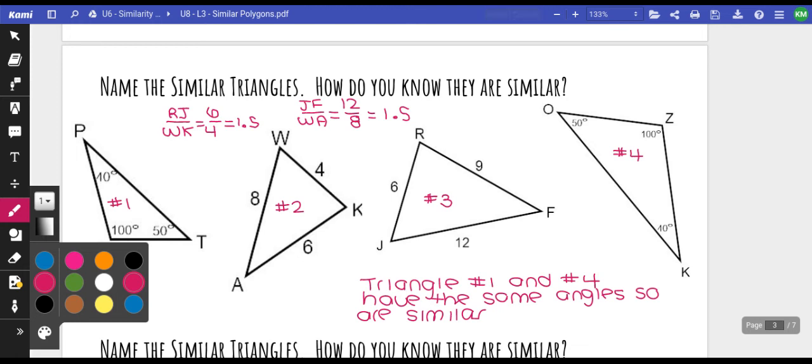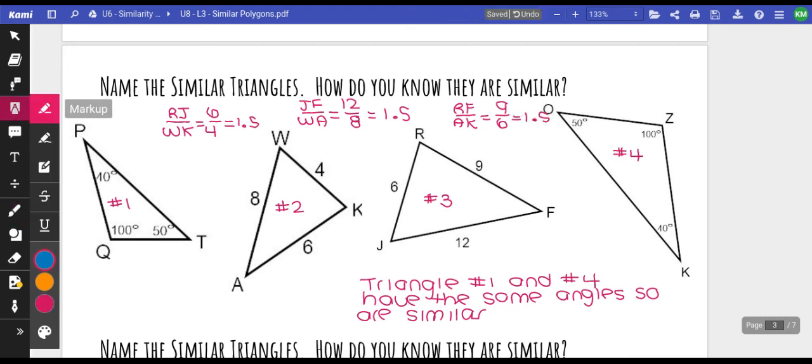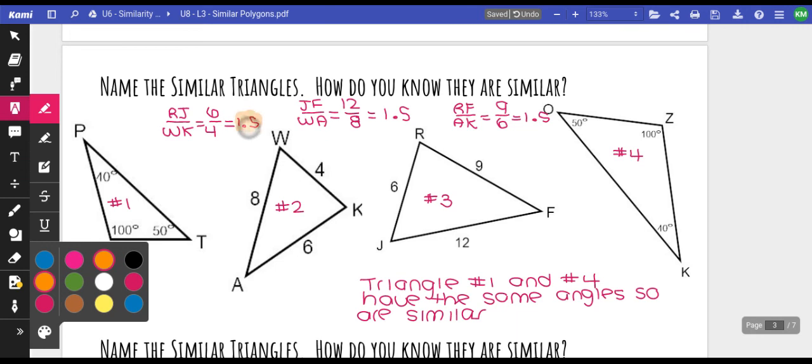So I would still compare my third set, my middle length of sides. And I would say, okay, the middle would be RF, if we're going with that one first, over the middle being AK. So 9 divided by 6 is 1.5. What do you notice about all 3 of the numbers?